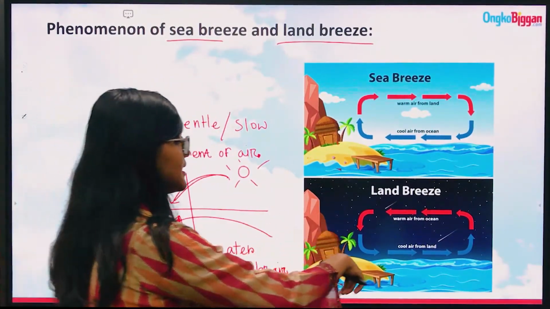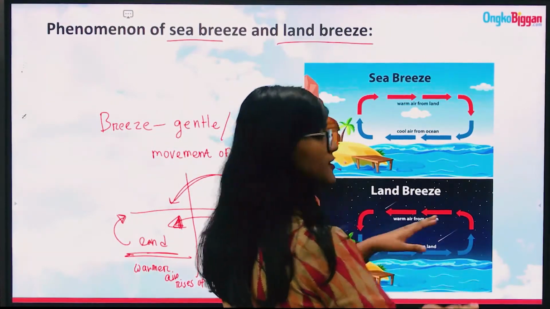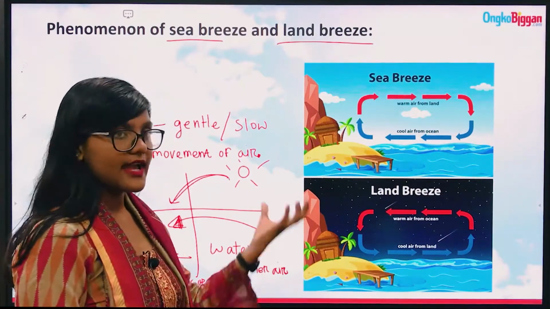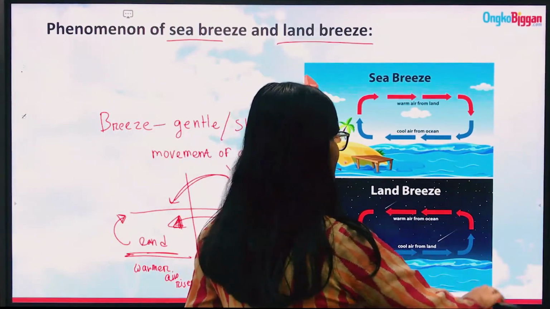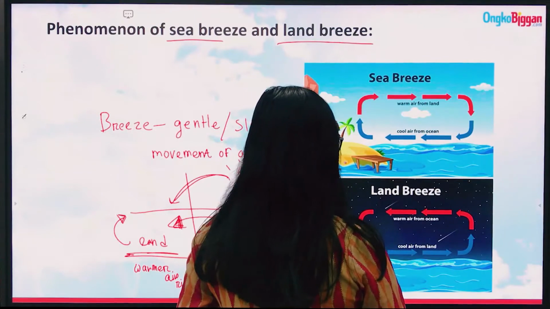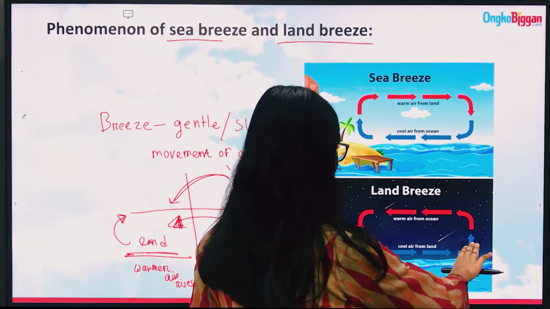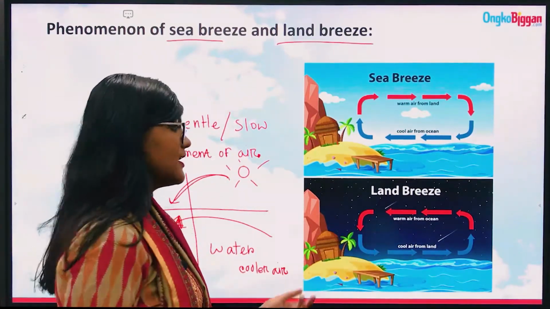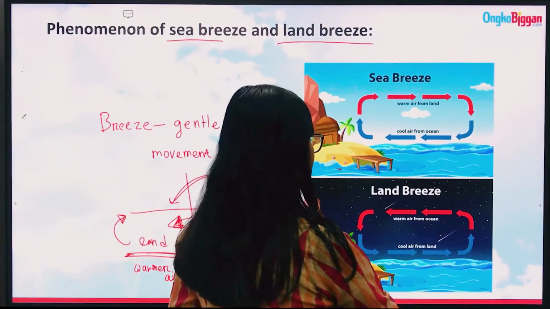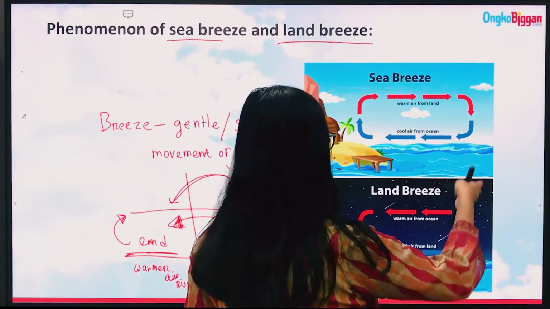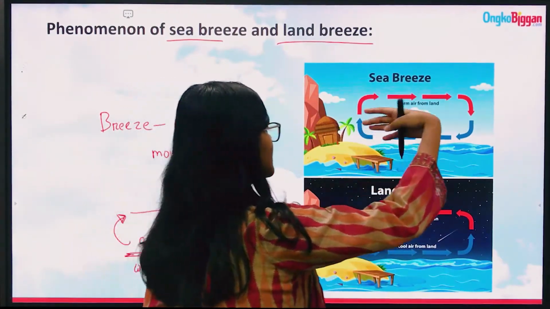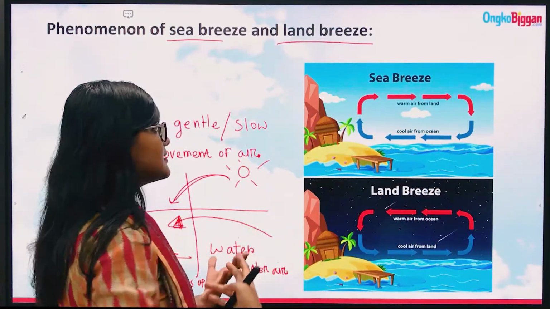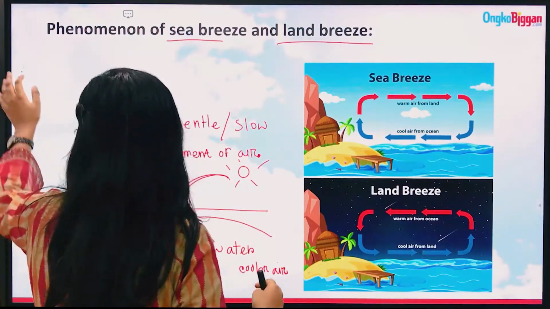In that case, the density of the warmer air of the ocean area decreases and rises up. To fill up the vacancy, air rushes from the land area to the water area. Thus we can see land breeze occurring here. That means wind is blown from the land to the ocean, and in sea breeze we see wind blown from the water body to the land area. So this is the phenomenon of sea breeze and land breeze.